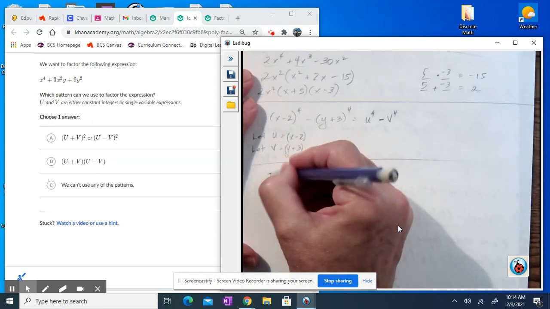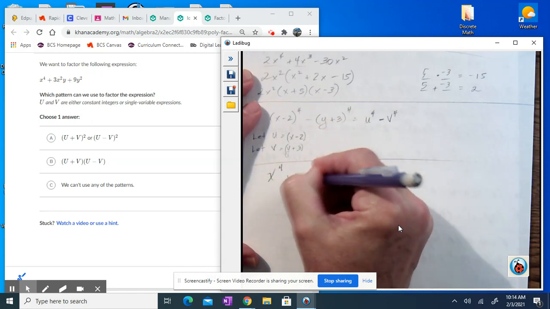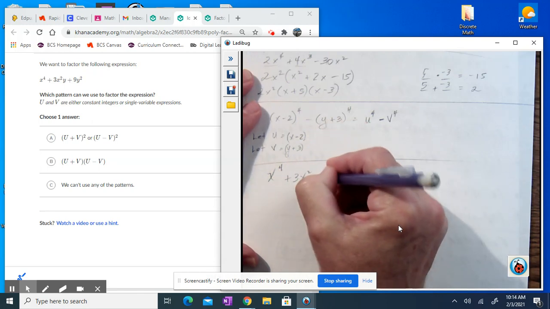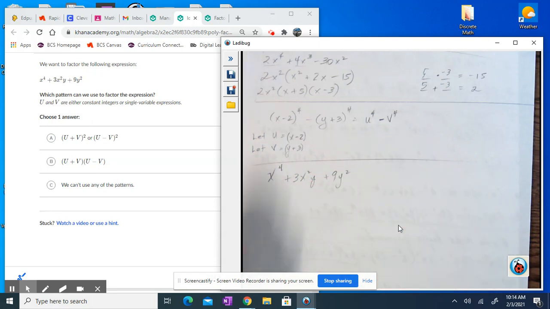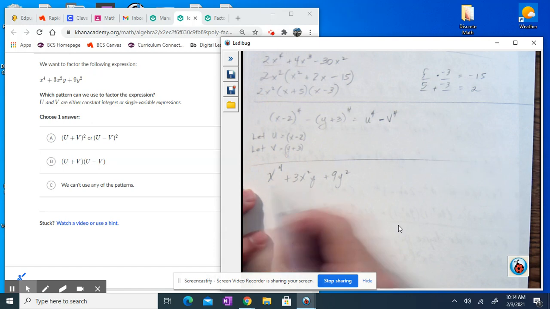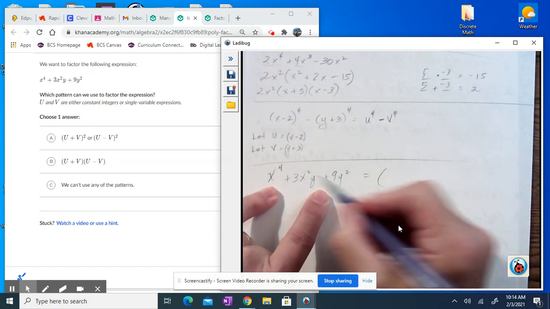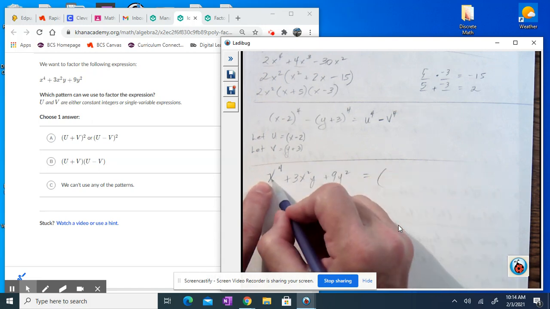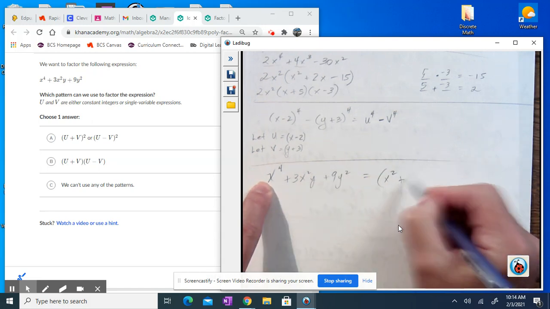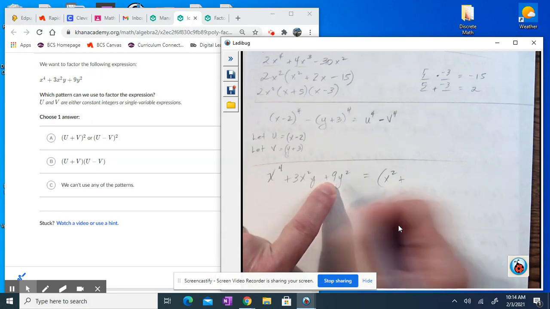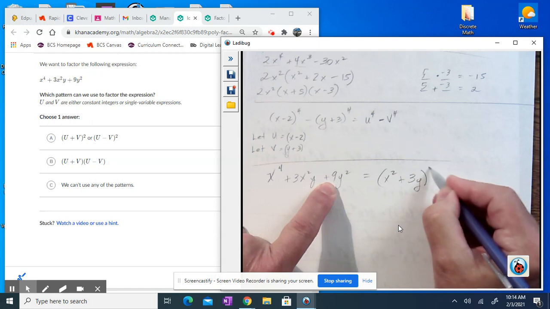We have x to the fourth plus 3x squared y plus 9y squared. Well, you remember, if it's a perfect square trinomial, then it should factor down to the square root of that one, which is x squared, plus the square root of that one, which is 3y. It should do that.